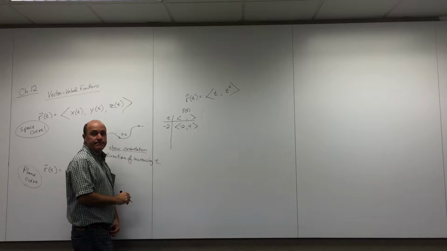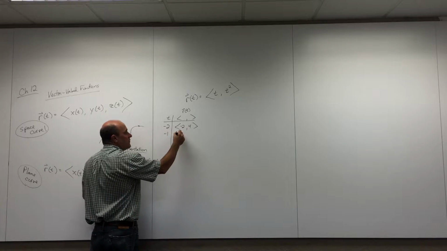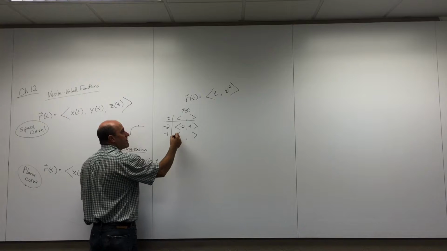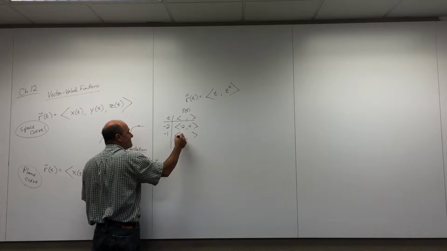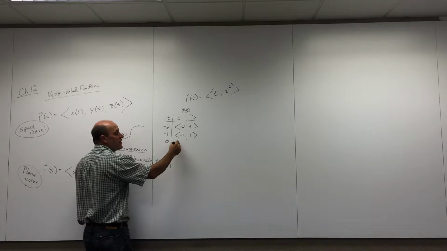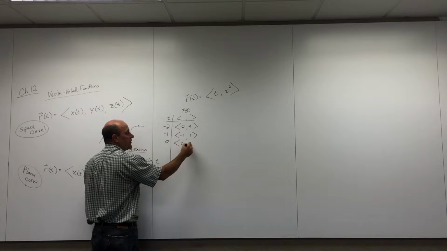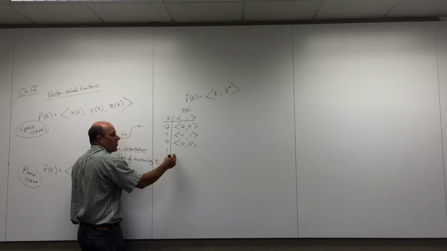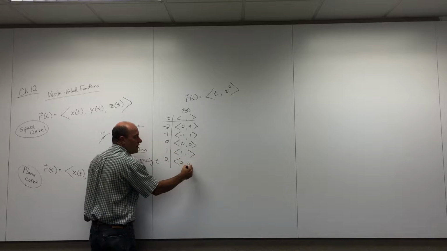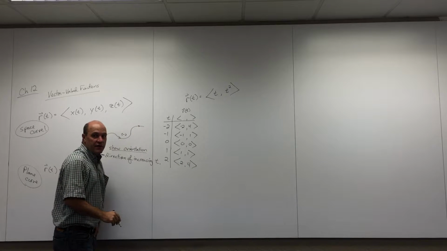If you plug in negative 1, you get the vector negative 1, 1. Plug in the scalar 0, you get the vector 0, 0. Plug in a 1, you get the vector 1, 1. Plug in a 2, you get the vector 2, 4. I could go on forever here.